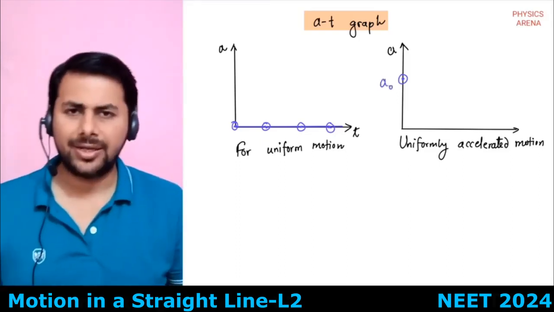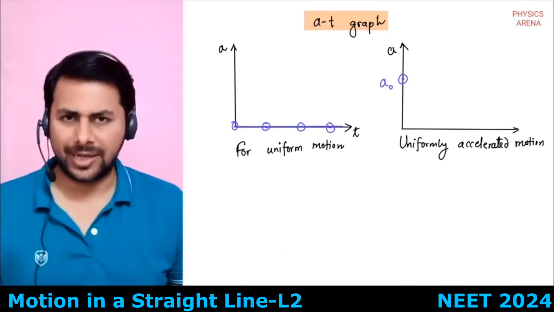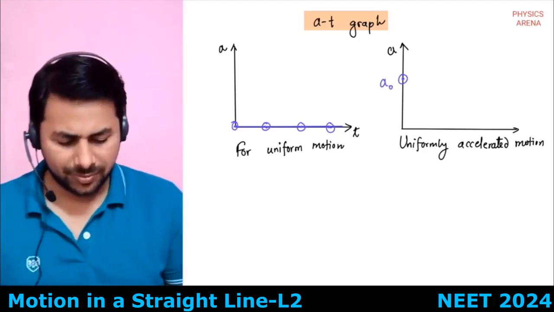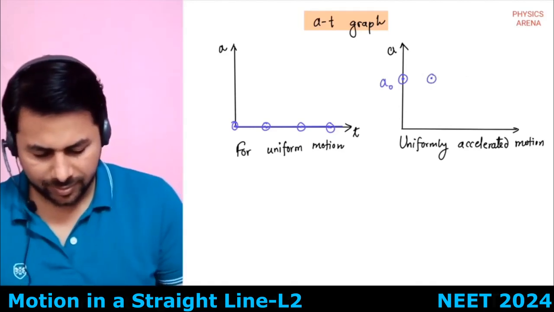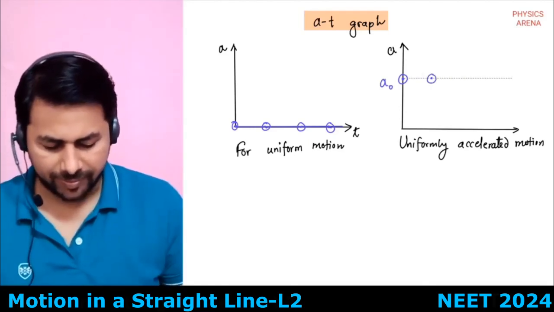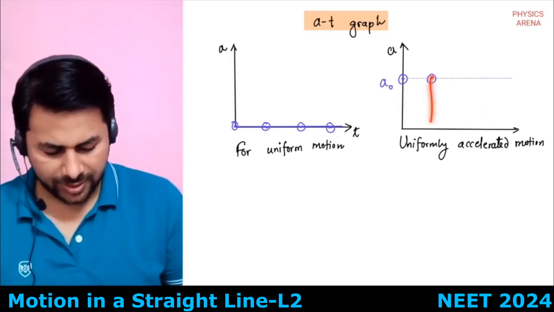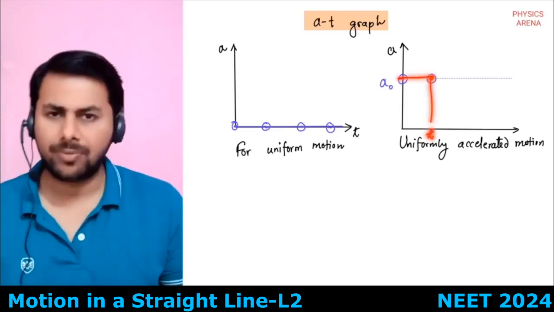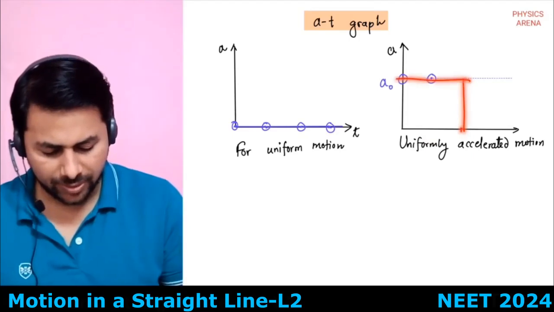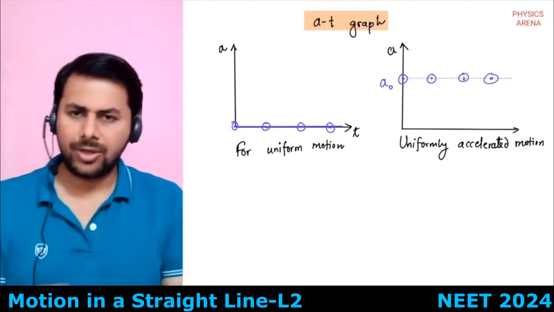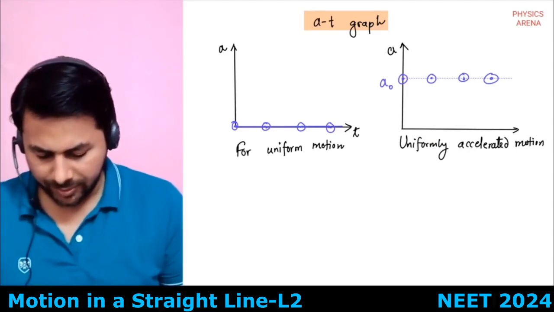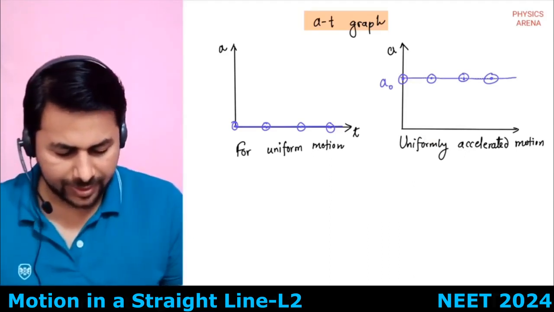So this is A at start. I can say it is A naught at t equals 0, and at any time the acceleration will be the same. Okay, so at this time you have the same value of acceleration, at this time you have the same value of acceleration, so the graph will look like this.